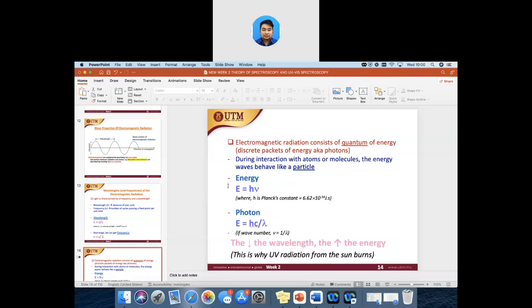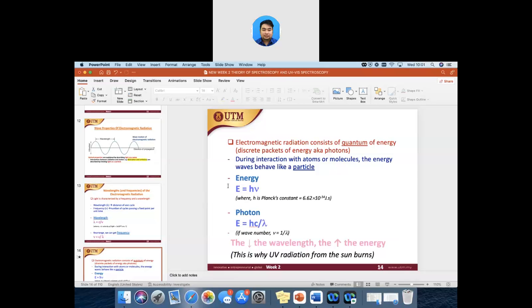Electromagnetic radiation consists of quantum energy, which is in terms of discrete packets of energy. During the interaction with atoms or molecules, which is your analyte, the energy waves behave like a particle. So in this case, you are going to look at the terms energy and photon. Energy is equal to the Planck constant times the frequency.